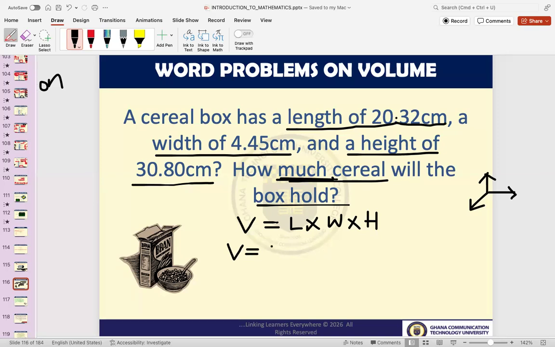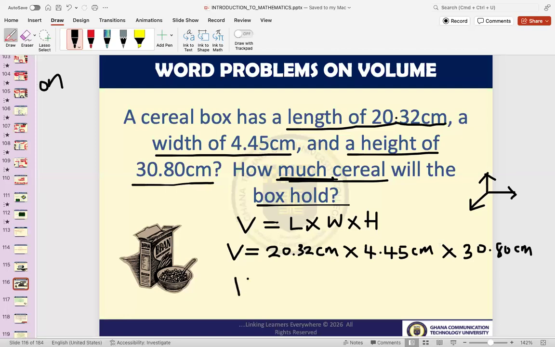So let's multiply 20.32 centimeters by the width, which is 4.45 centimeters, by the height, which is 30.80 centimeters.